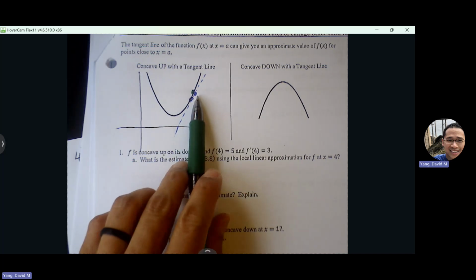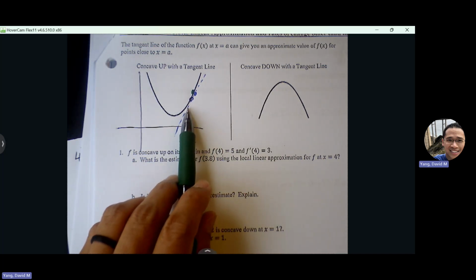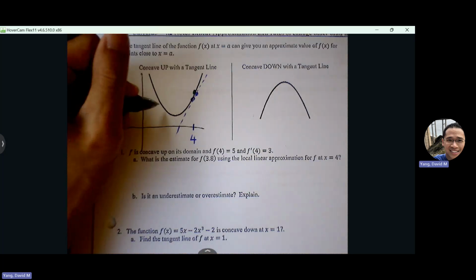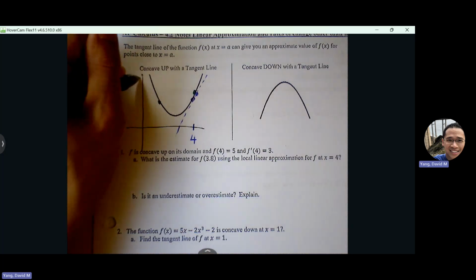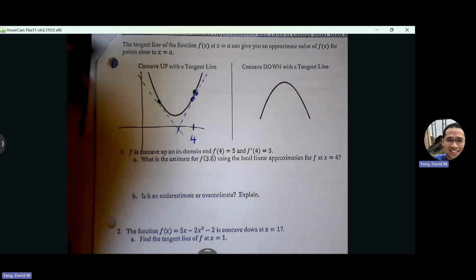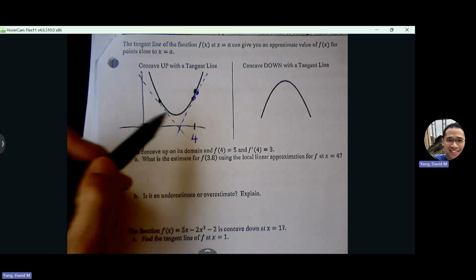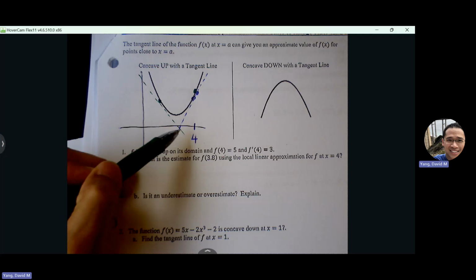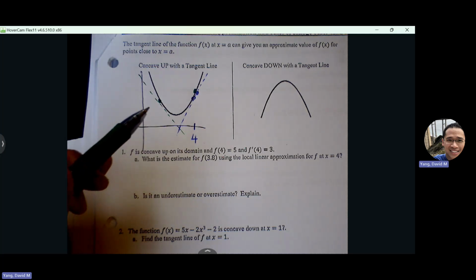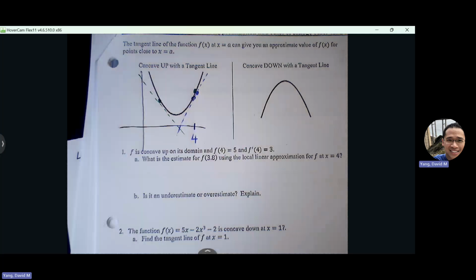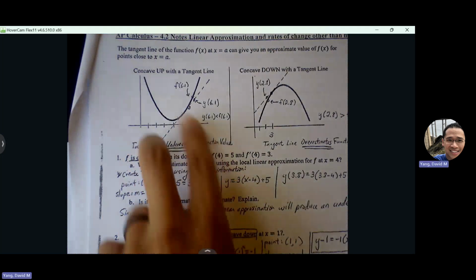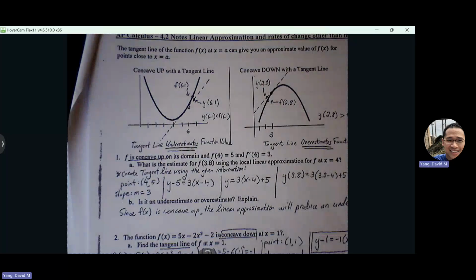Is the tangent line approximation going to be below or above the curve's value? Below. Okay, so that's really the big takeaway here, is that no matter where your tangent line is, as long as the graph is concave up, any tangent line is going to sit below the curve. And if it sits below the curve, any point on that tangent line will underestimate your function value. Okay, so tangent line will underestimate function value if my graph is concave up.